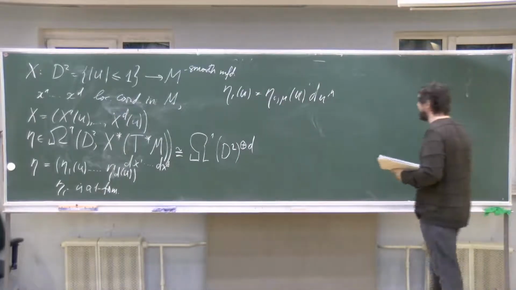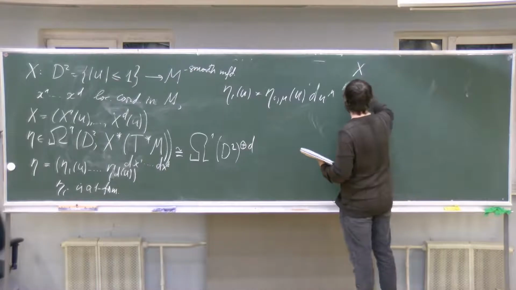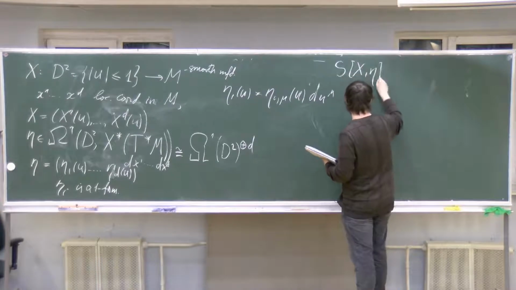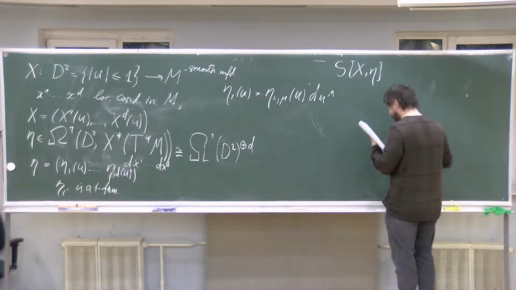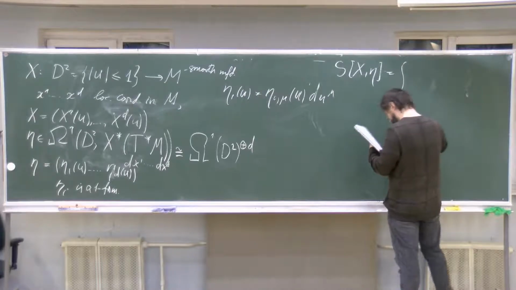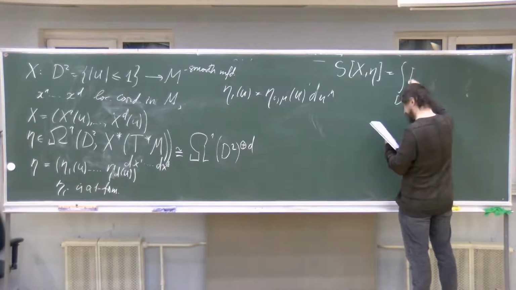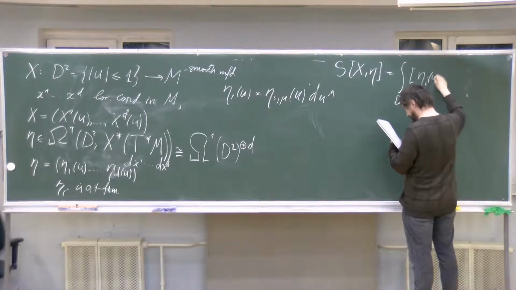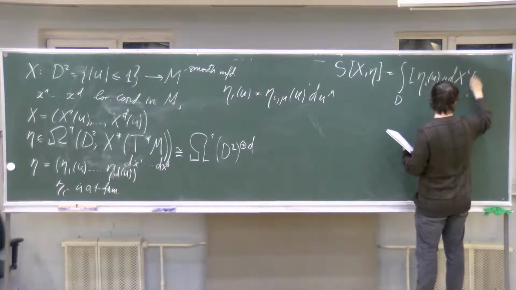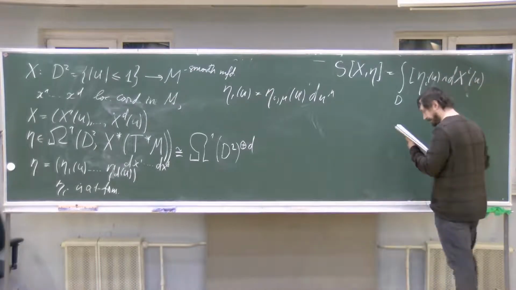So now for every such pair x and eta, the Poisson sigma model considers the action functional, which is equal to just the integral over the disk of the following form. You take eta I of u, d x i of u, right?